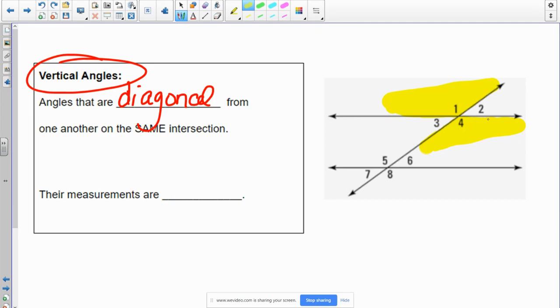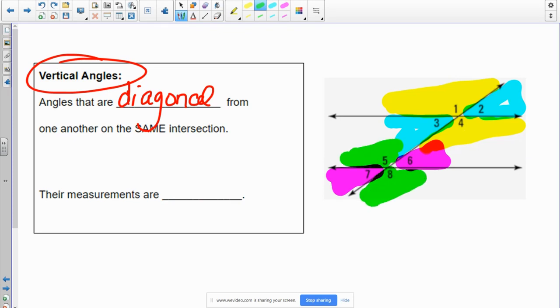We have this parallel line going horizontally, we have this transversal coming in diagonally, and angle 1 and angle 4 are vertical. So are angle 3 and angle 2. If we look at the other pair, angle 6 and angle 7 are vertical. You're highlighting with me as I go. And then angle 5 and angle 8 are vertical.